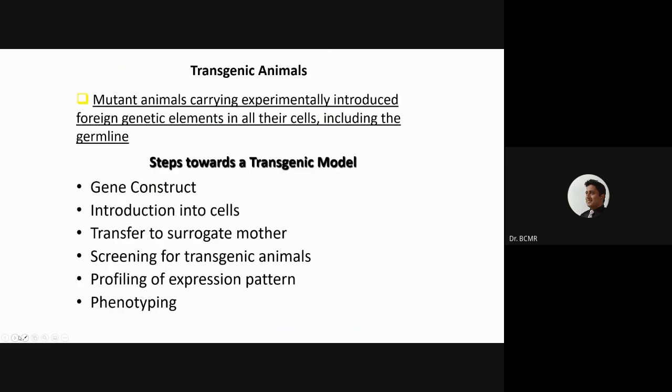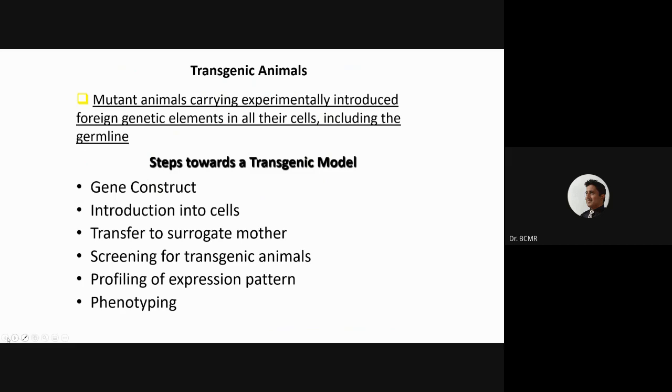The first thing is we should be in a state to define what transgenic means. That means there is a genetic manipulation. Transgene usually means that you put a gene from an outside source into a genome.